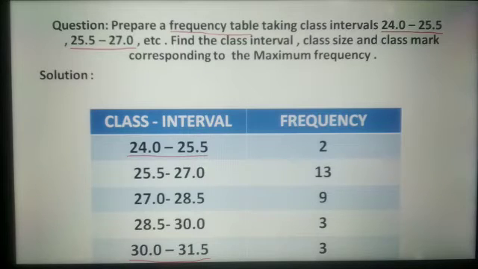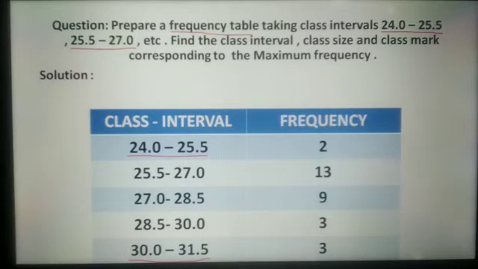Similarly, in other classes the lower limit is included and the upper limit is excluded. From this pattern we can make this frequency table.